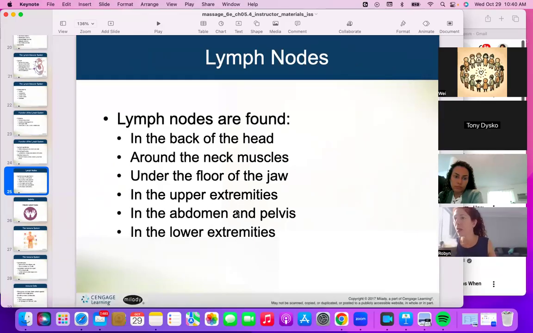In the abdomen, they are in the center around your belly button, and a lot of concentration is in your pelvis at the hip fold. In the lower extremities, they are behind the knees and on the foot. The direction is distal to proximal.